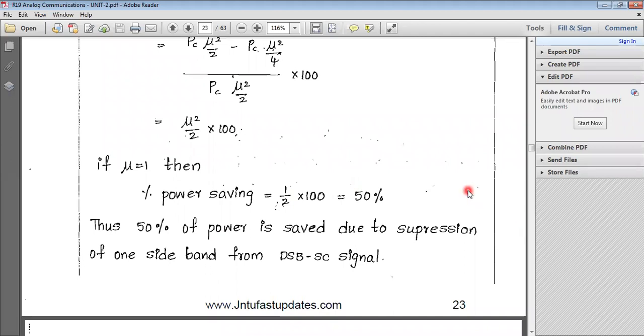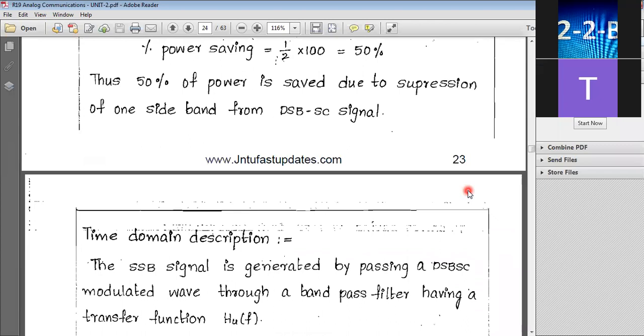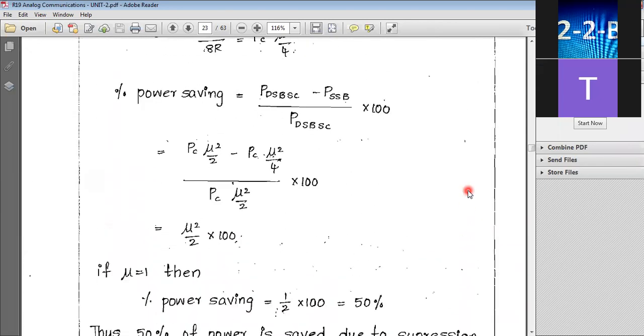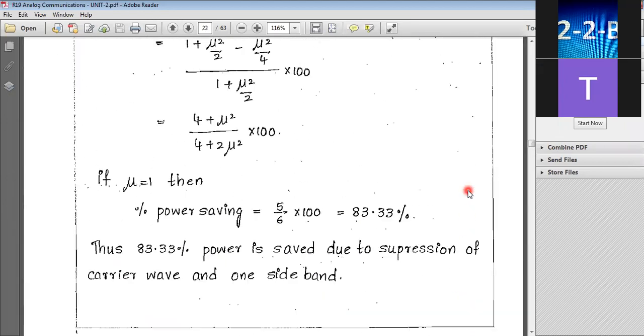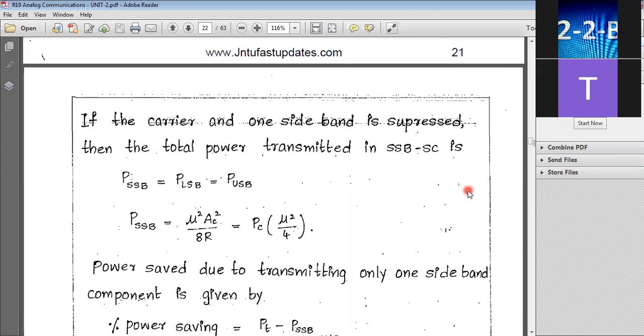So these are the power calculations for SSB. Any doubts in power calculations? First of all, you calculate SSB power. If we want to compare with the normal AM, you already know the normal AM power.